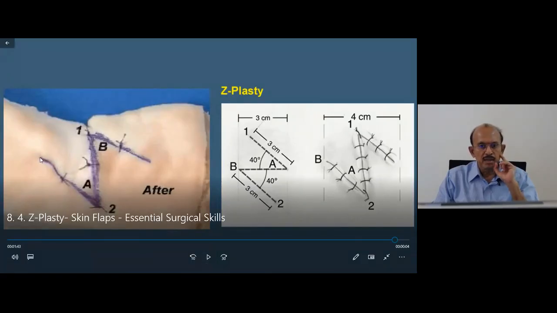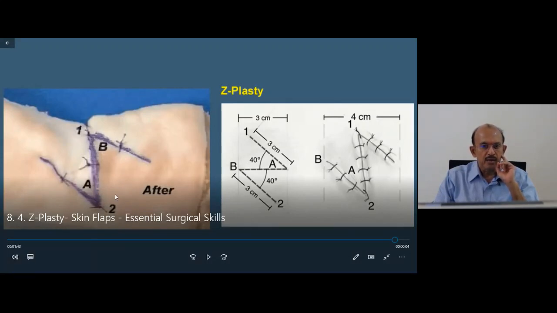Now you can measure the length from here to here. This is almost 1.5 times. Earlier the scar is like this. But once they removed it and did the Z-plasty, the whole direction has been changed, and this area got lengthened like this.